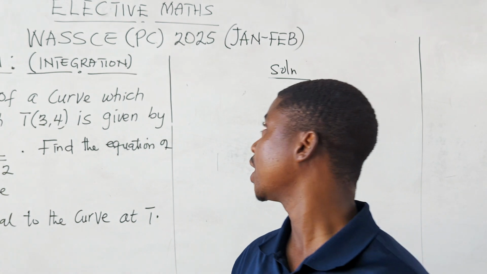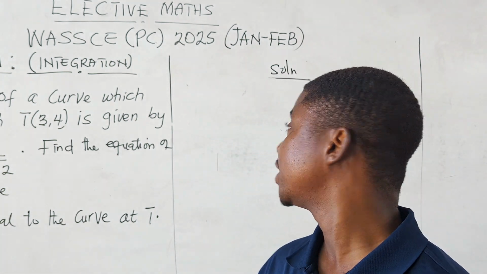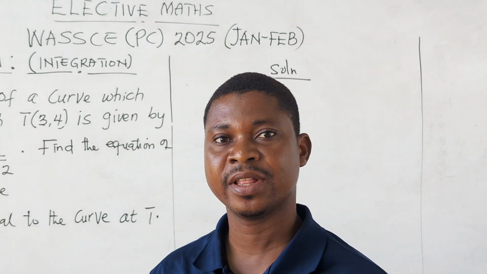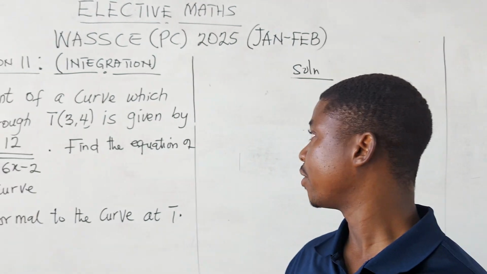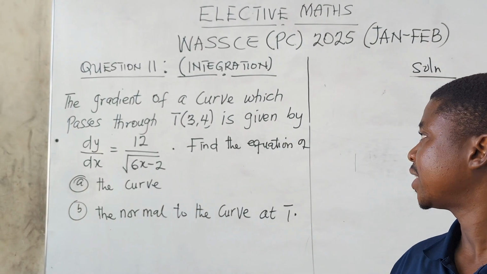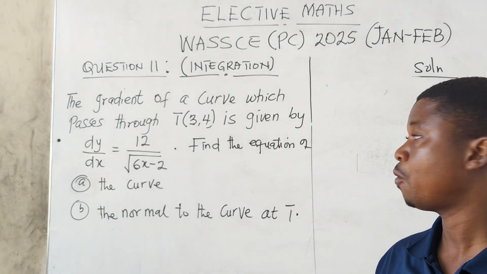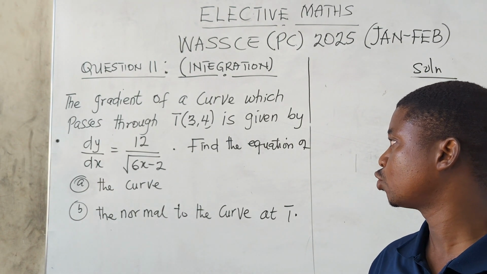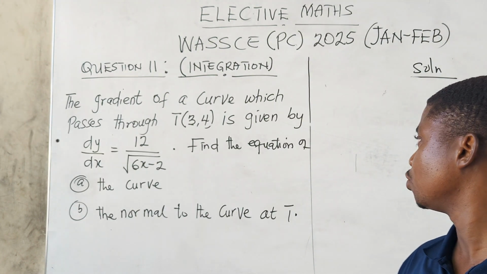Today we are going to look at Elective Maths WASSCE with the private candidate 2025 January-February. Question number 11 was on integration. The question reads: the gradient of a curve which passes through T(3, 4) is given by dy/dx equal to 12 over square root of 6x minus 2.